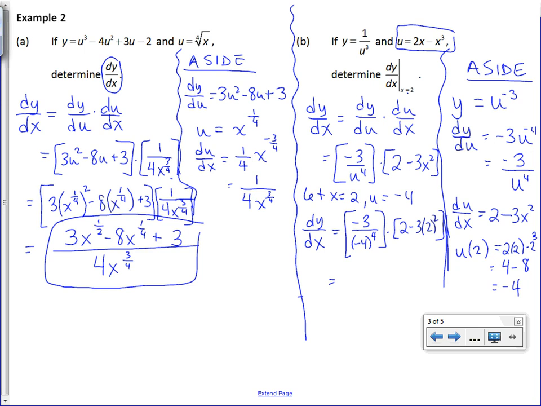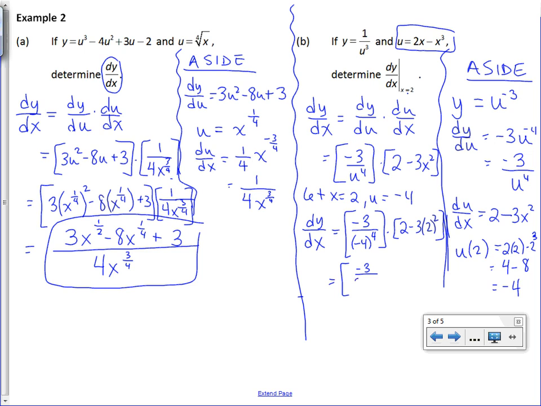Don't mix those up, that would be bad. Okay. And then clean this up, make this a single number. So let's deal with negative 3 over, anyone know what negative 4 to the 4 is off the top of your heads? It's 256. 4 times 4 times 4 times 4, 256.